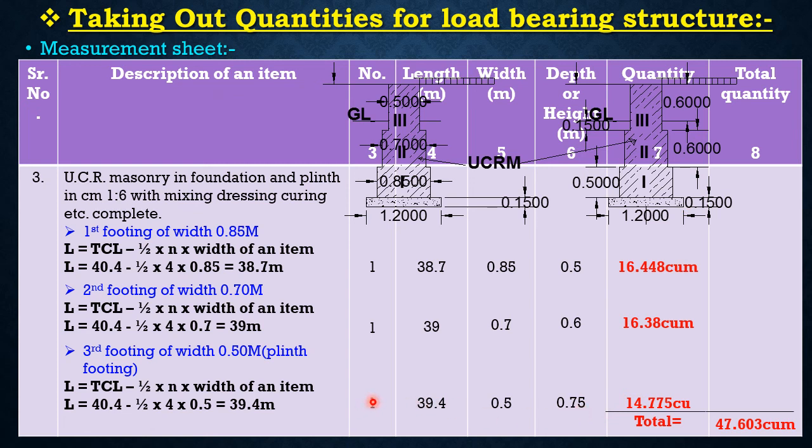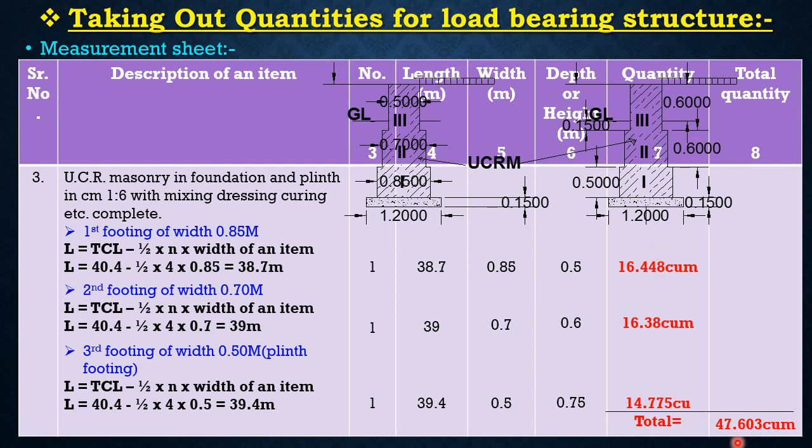Then calculating 1 into 39.4 into 0.5 into 0.75, the quantity is 14.775 cubic meter.